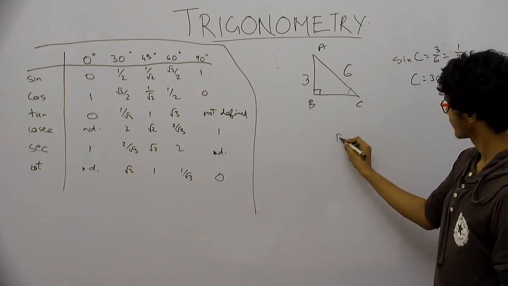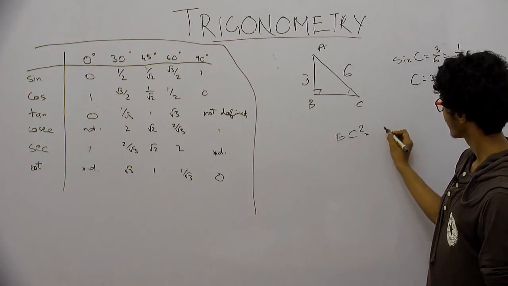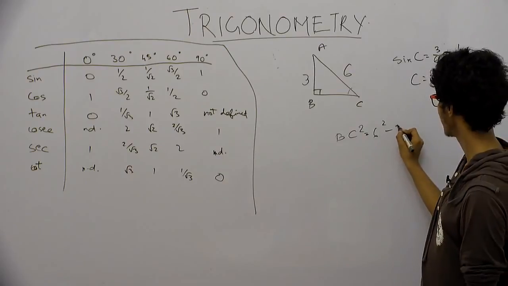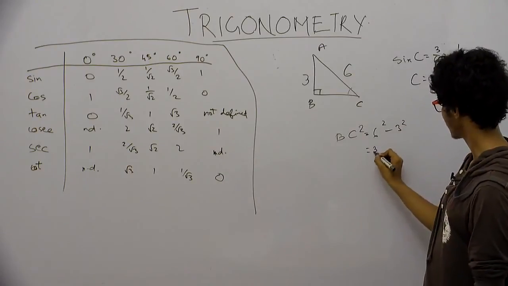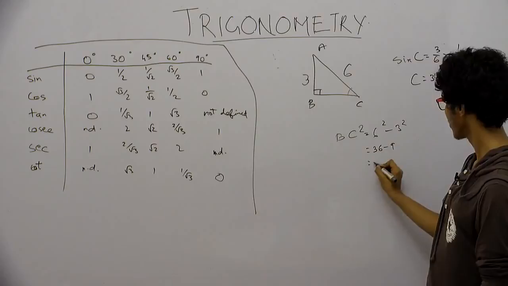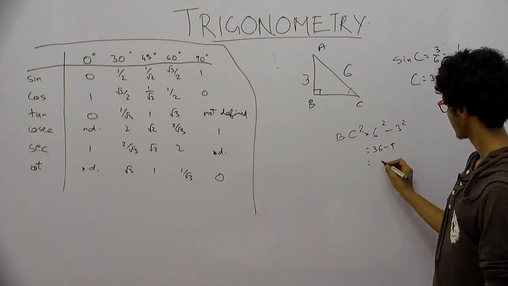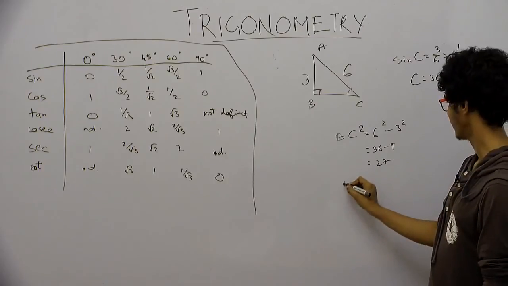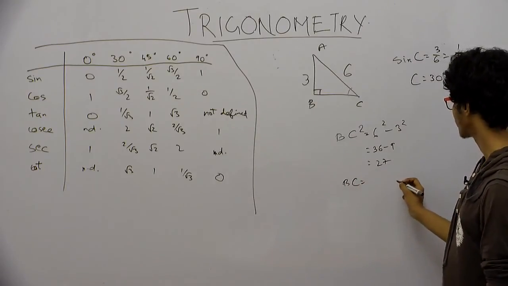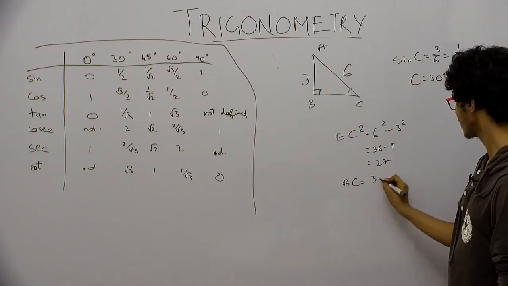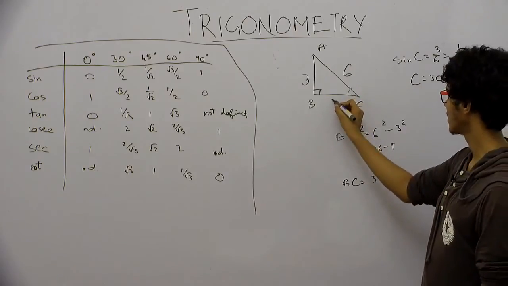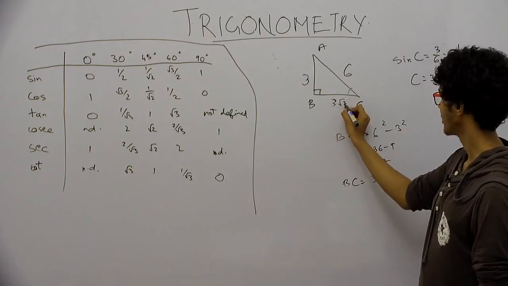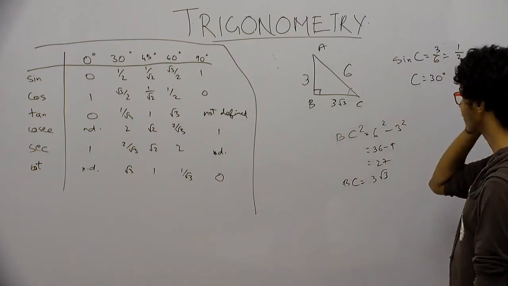So we get BC square equals 6 square minus 3 square. This is equal to 36 minus 9. This is equal to 27. Implies BC equals, so 9 into 3, we get 3 root 3 units. I am eliminating the possibility of the negative length.